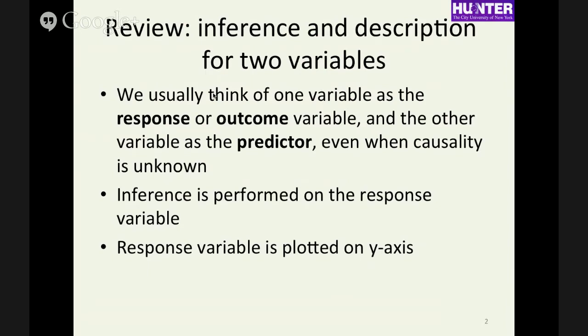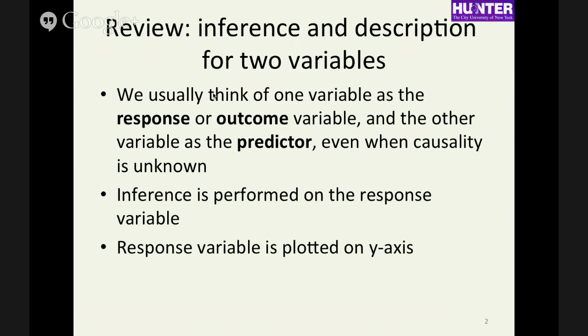So we've covered a few different cases this semester. We covered the case of two categorical variables. And we're thinking generally about our variables either as response or predictor variables. So response variable being something like an outcome, the result that we're interested in, and a predictor, which is something that we might think is causing a change in that response or outcome variable.